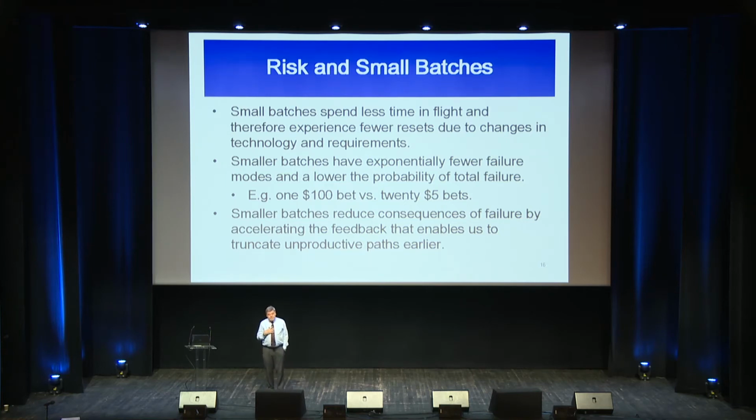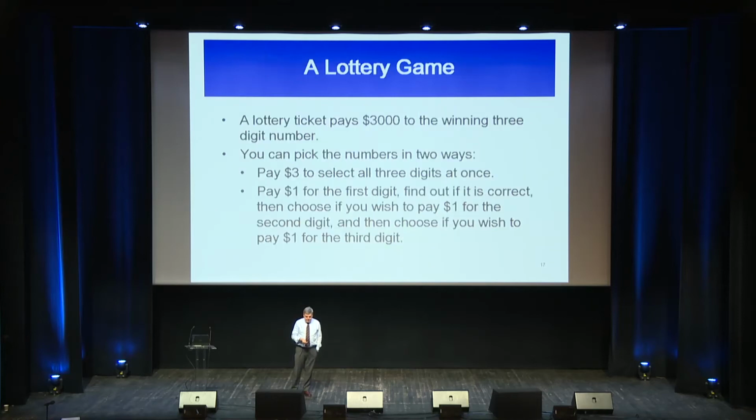Now, the other interesting thing a small batch does for you is it allows you to use the information generated by that small batch to modify what you're doing, and to truncate bad things quickly. And I'll give you a little toy problem that illustrates that.